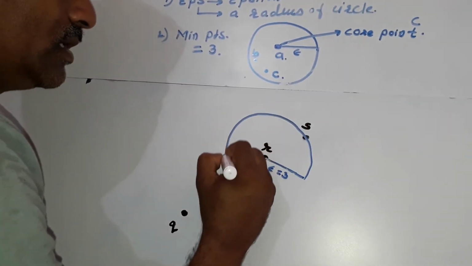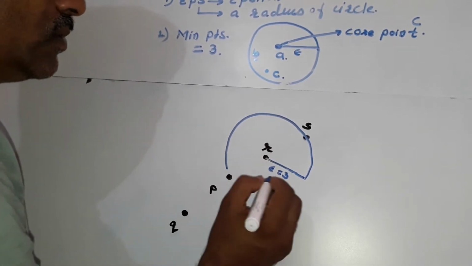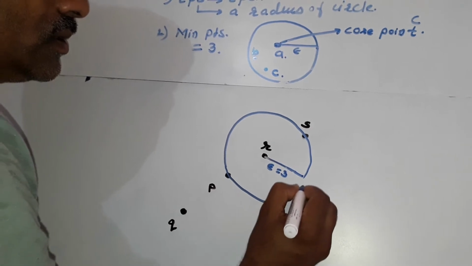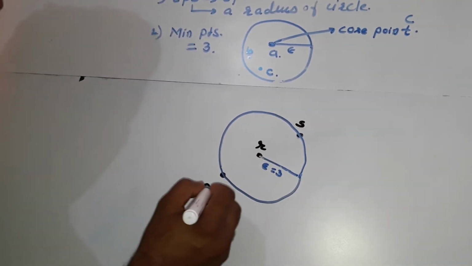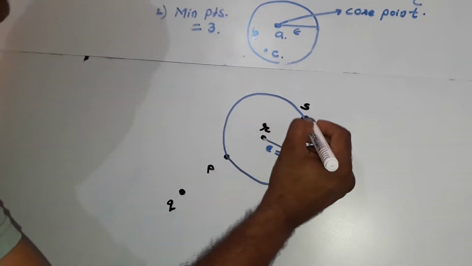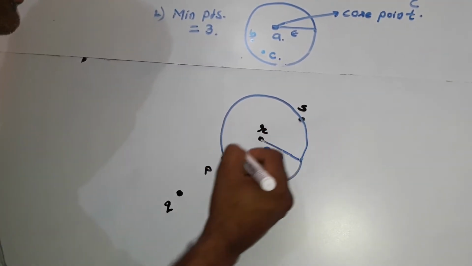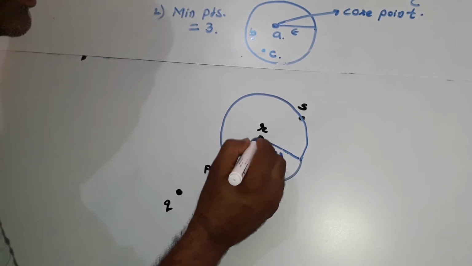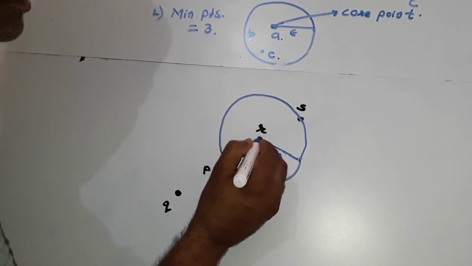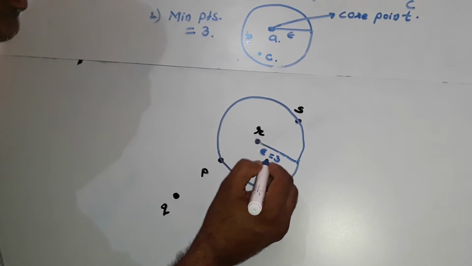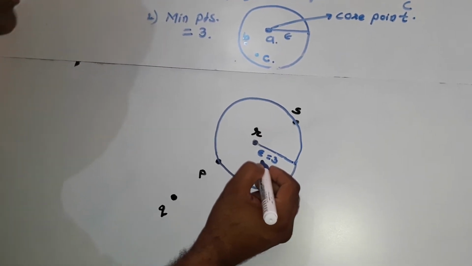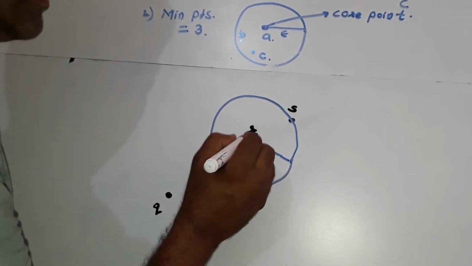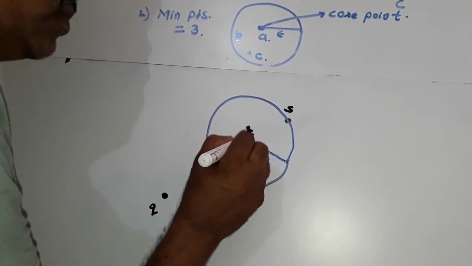After drawing the circle, we found that there are 3 data points in the vicinity of the circle generated by using the center data point R and epsilon equal to 3, right? So my question is whether R is a core point or not.